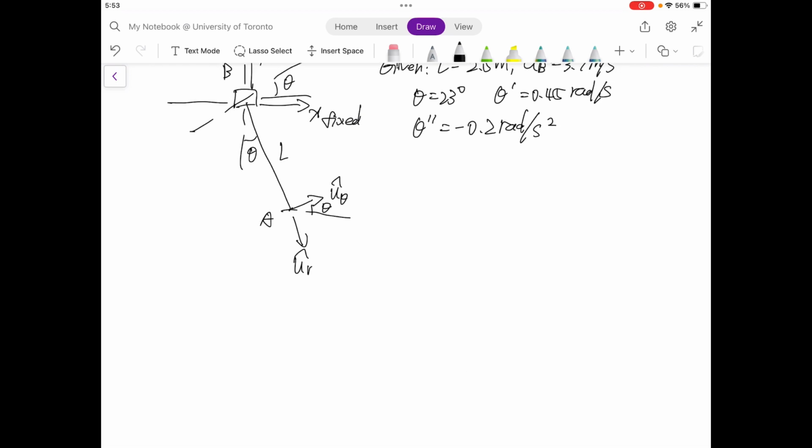So we have our acceleration for cylindrical coordinates.